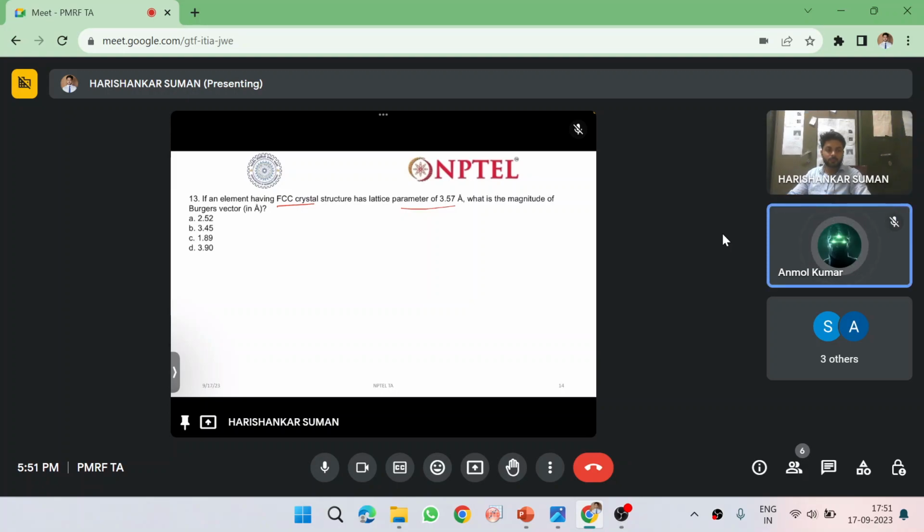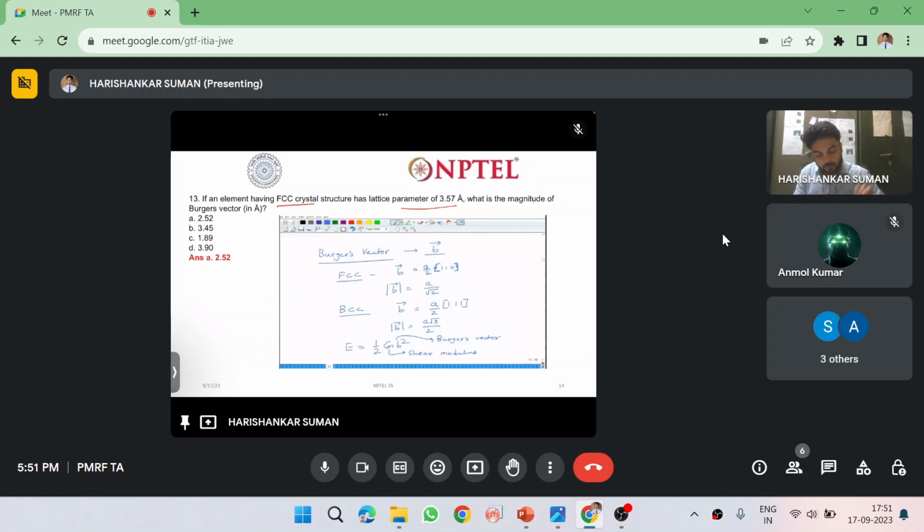So 2.52. Okay, yes. For FCC, b equals a by root 2, and a is given here as 3.57 angstrom divided by root 2. When we calculate, it will be around 2.52 angstrom magnitude.